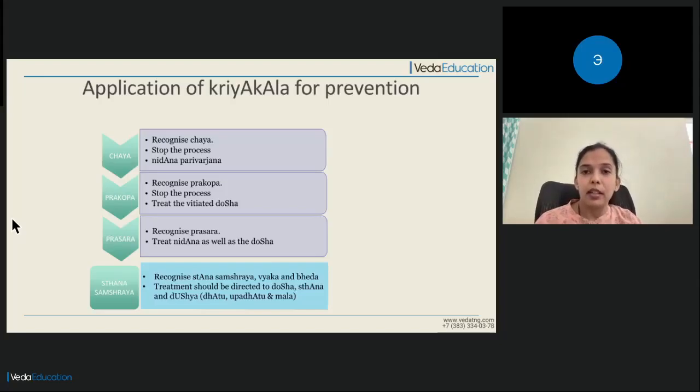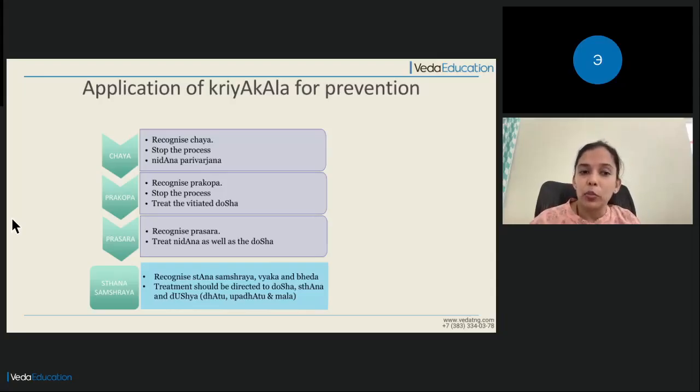At this time, you need to stop yourself from indulging again in the same activity which can cause the vitiation, and also treat the dosha. It is necessary to bring a treatment here. So, have some herbs or do some kind of activity which can bring it back, but treatment intervention is necessary here.